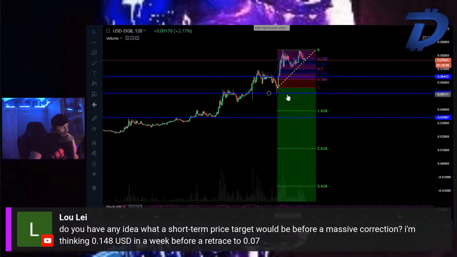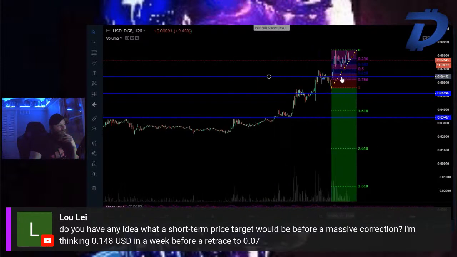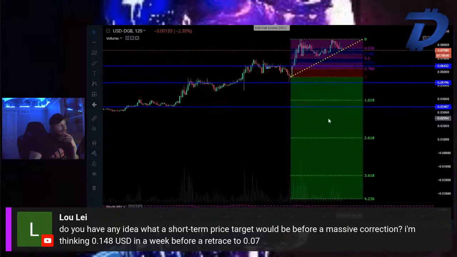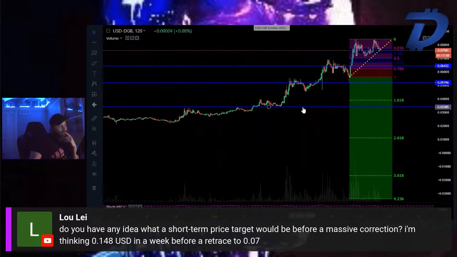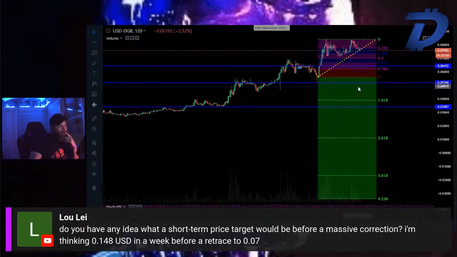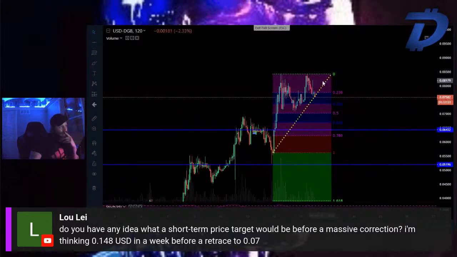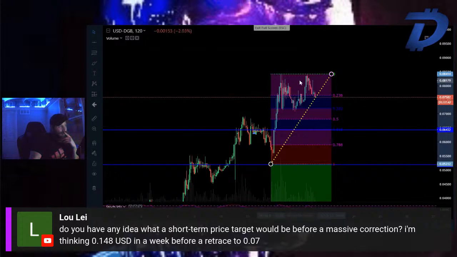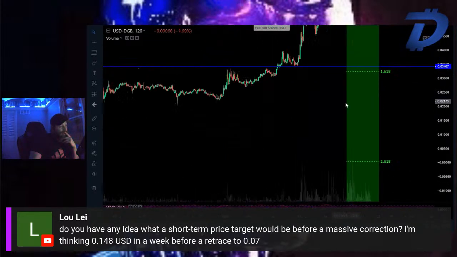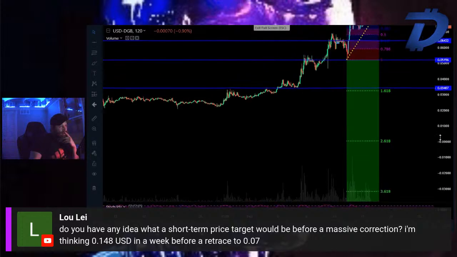Well, I remember these trend lines. Let's just get a little closer, guys. Down to the wick, to wick, to wick, to wick. All right. A little closer that time.